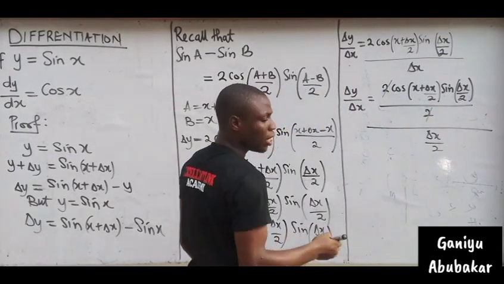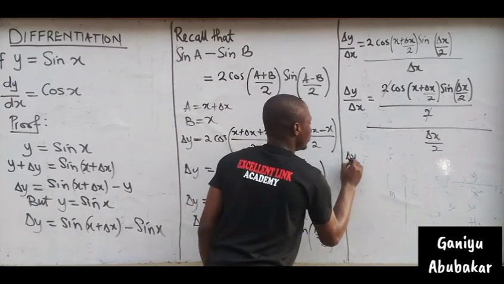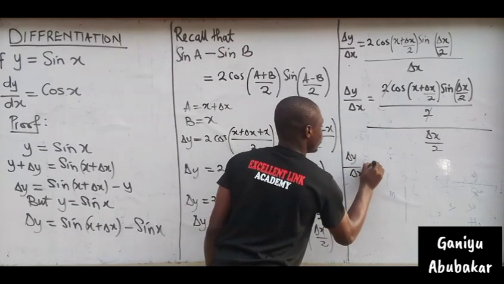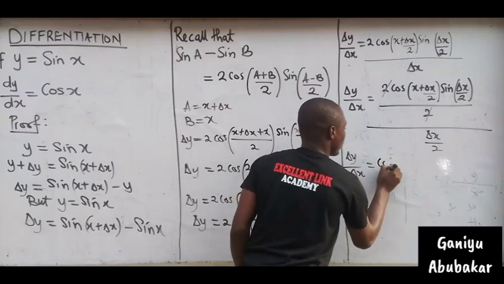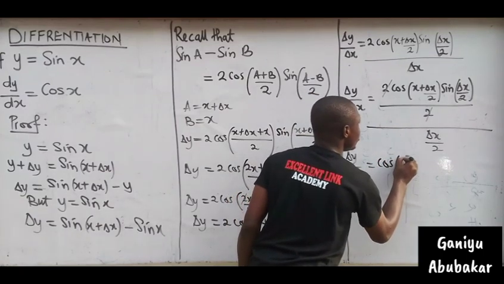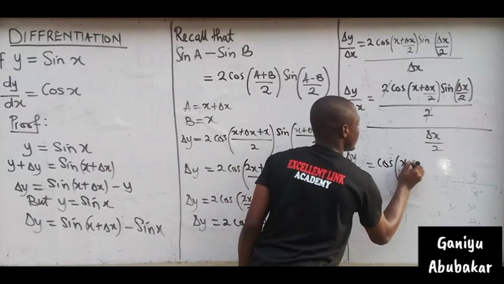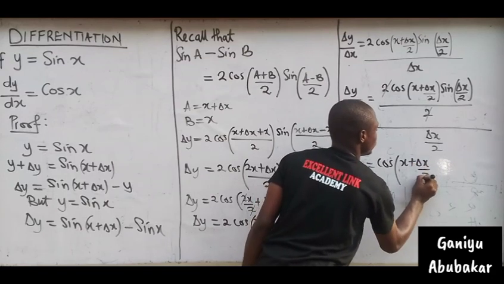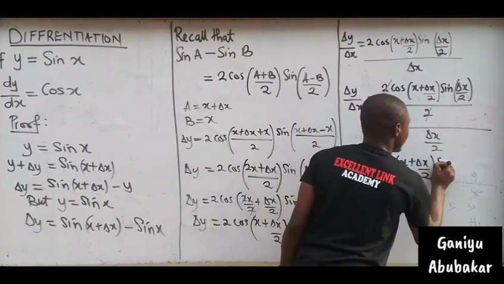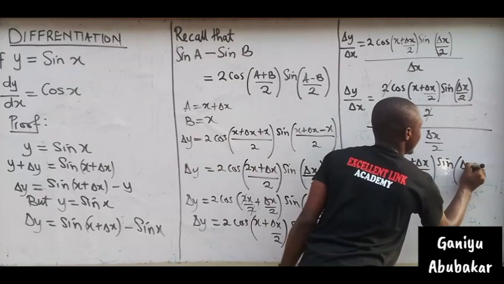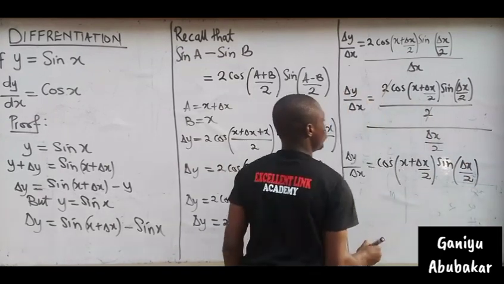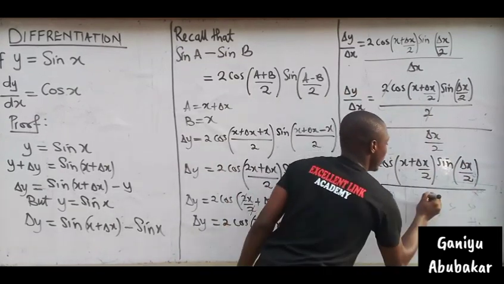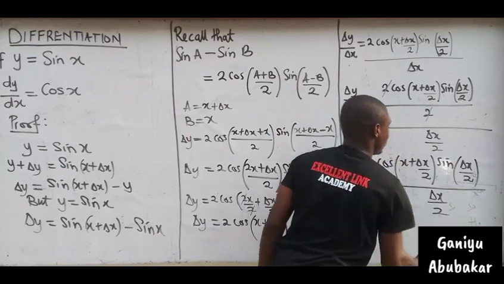Obviously, this will cancel out this. I'm left with change in y over change in x equal to cos of x plus change in x over 2, of course sine change in x over 2, all over change in x over 2.